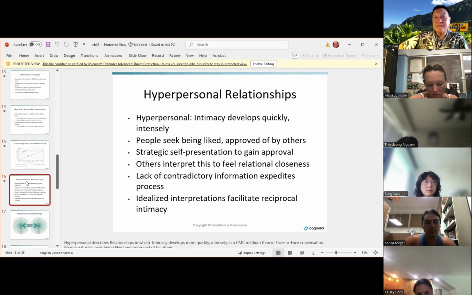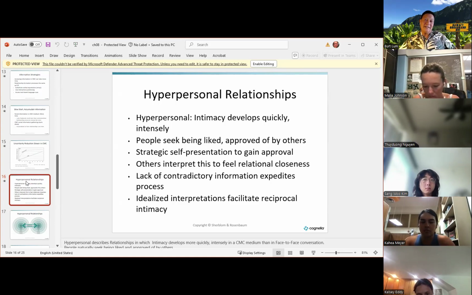Any contradictory information is going to create some sort of barrier, some kind of discontinuity, because people will now start to think, gee, is this person for real or what, right? So the lack of that contradictory information continues to expedite the idea of relational closeness.